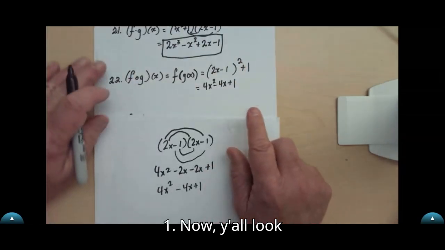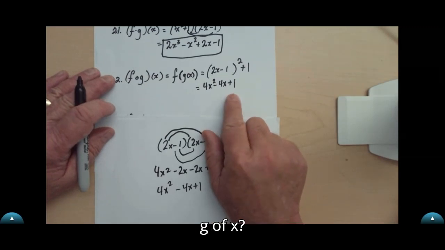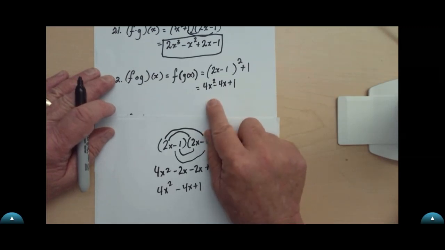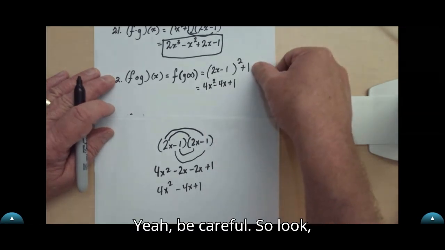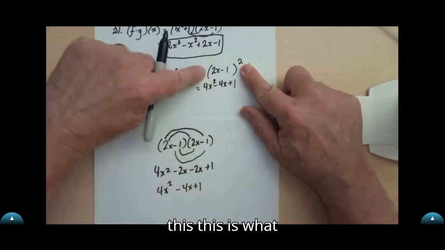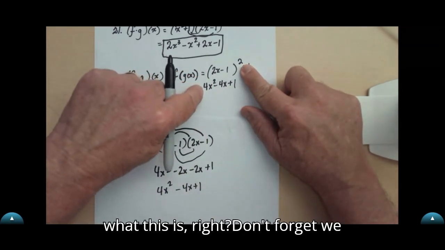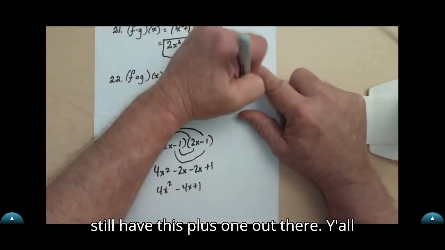Now, y'all look and be alert. Is this f composed with g of x? It's not. What do I still need to do? Yeah, be careful. Don't forget, we still have this plus 1 out there.